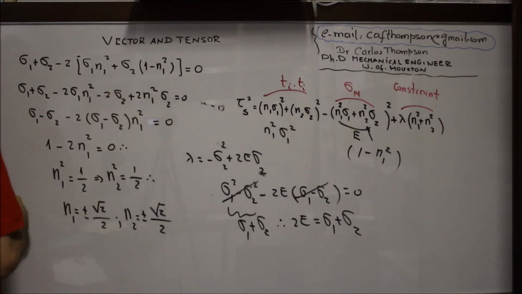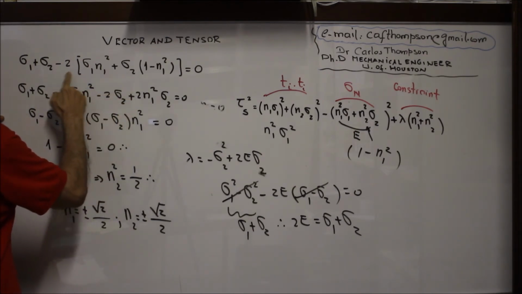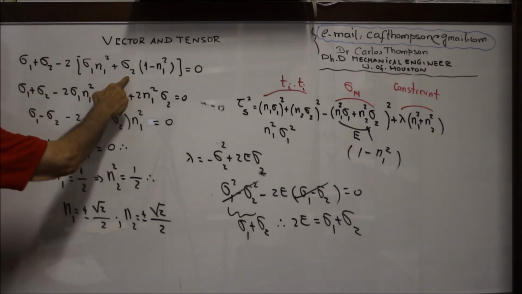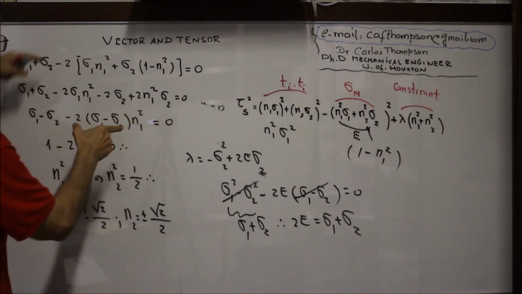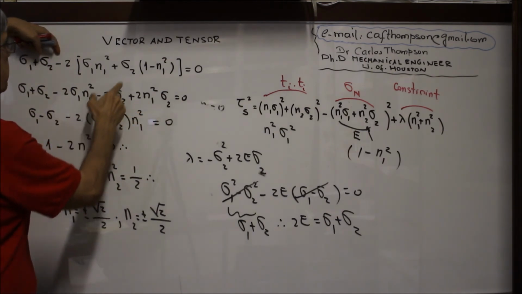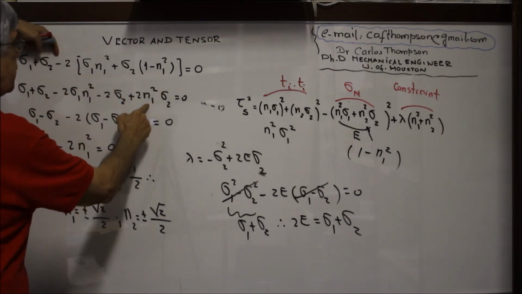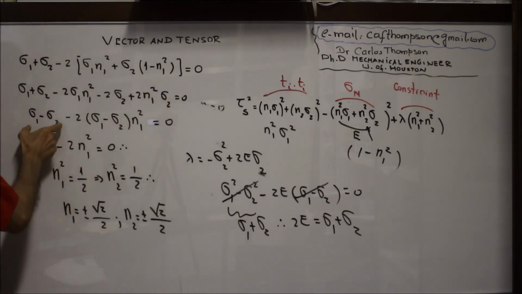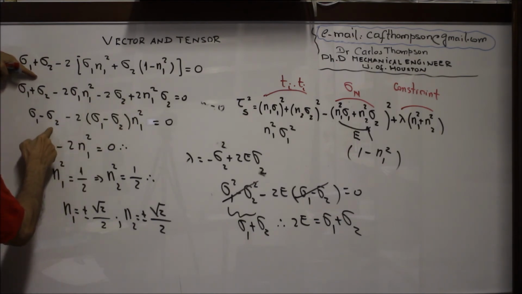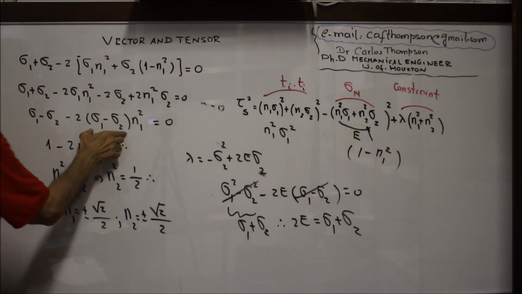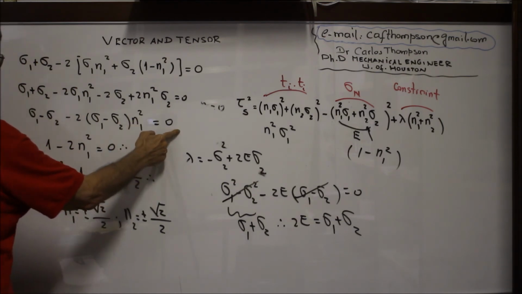So this is sigma 1 minus sigma 1 n1 squared minus 2 sigma 2 plus 2 n1 squared sigma 2. Sigma 2 minus 2 sigma 2 is minus sigma 2. Now I put sigma 1 minus sigma 2 as a factor, times 1 minus 2 n1 squared, equal 0.